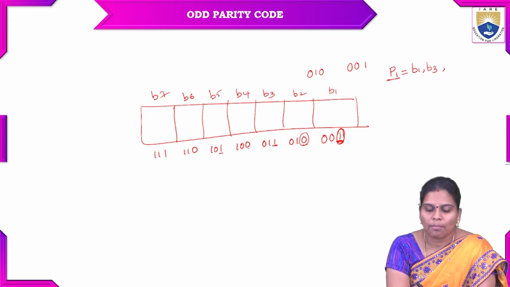Next one is B5, and the LSB is 1, so we take B5.